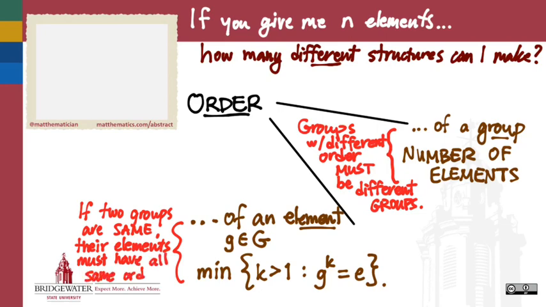For every element of order 17 in one of my groups, there must be an element of order 17 that corresponds in the other group, and so on, and so on. So if I have a group that has a ton of elements, I should probably check the orders of all of them. And if I come up with a disagreement, a group that has an element of order 8, but the other group doesn't have an element of order 8, then I know for sure those groups cannot be the same group. Because if two groups are the same, they should have elements of the same order in both.